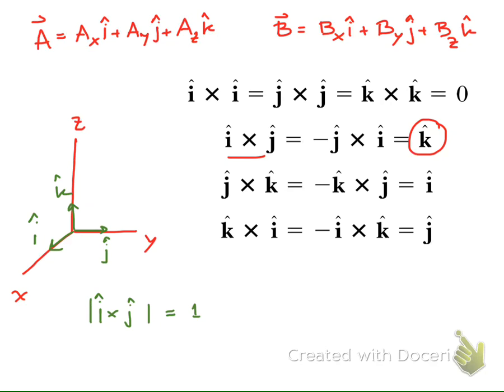Following this step, you can prove easily that j cross k is equal to i, and k cross i is equal to j.